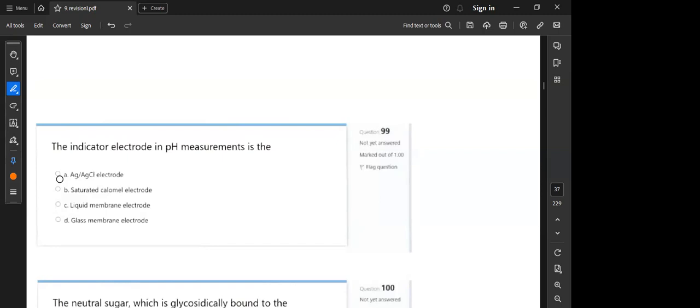Yeah, it's silver chloride, although the calomel electrolyte is sometimes used. I'd go with silver chloride.